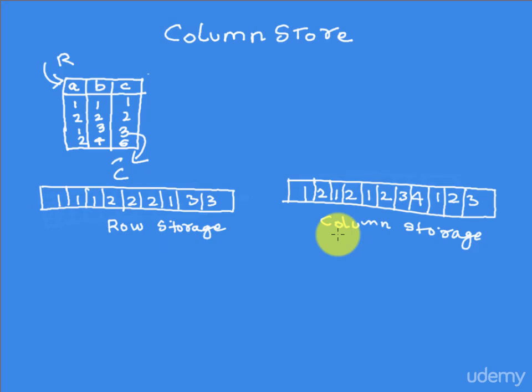Because column storage supports really fast in-memory processing of operations such as aggregates, which generally are very expensive. It supports sequential memory access. It also supports massive parallel processing. Searching on a column store is much faster than searching on a row store, provided you are only selecting a set of columns.